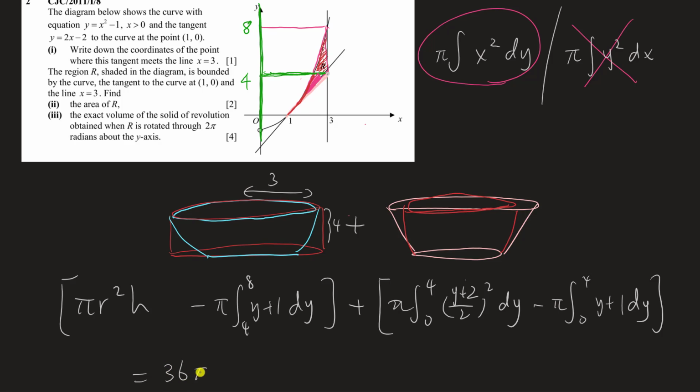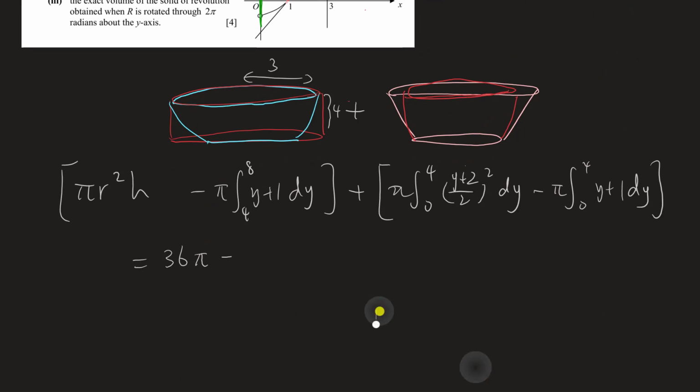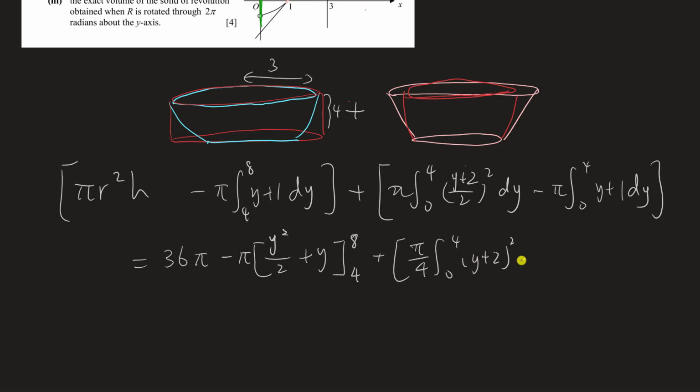So 36 pi minus away this one, I will get y squared over 2 plus y with the pi on the outside, evaluated from 4 to 8, plus, now integrating this, before that let me pull out the 1/4, (y plus 2) squared dy, minus, this is just pi, y squared over 2 plus y evaluated from 0 to 4.